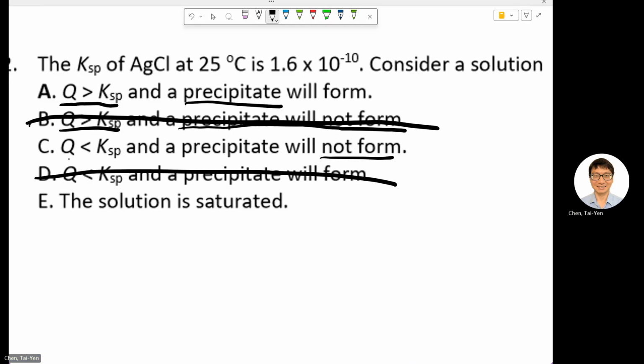At the very end, it says this solution is saturated. Again, it's a statement to confuse you. So even though it gives you 5 choices, there are actually only 2 choices you can select. Everybody see that? So once you know the answer can only be A or C, then you need to recalculate your Qsp, right?